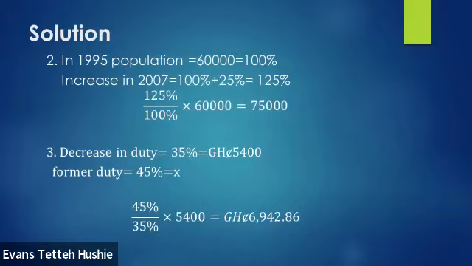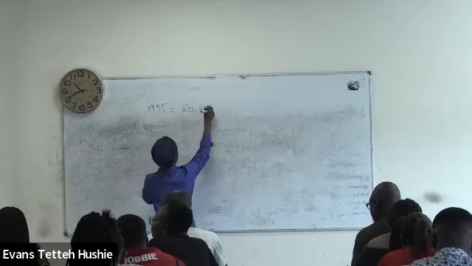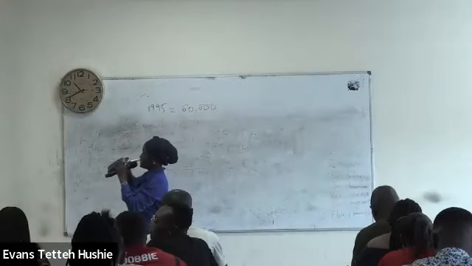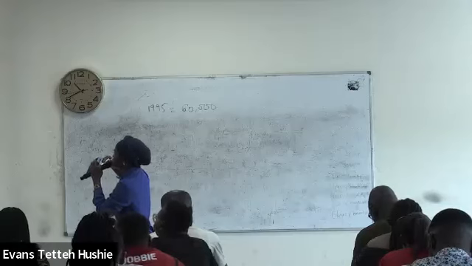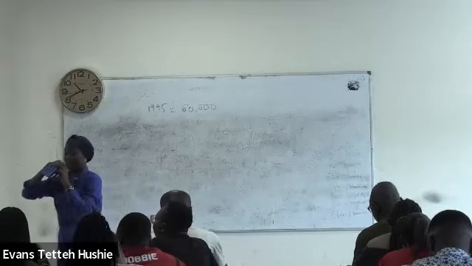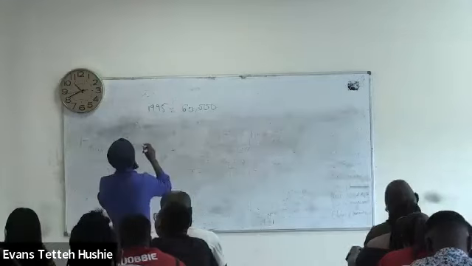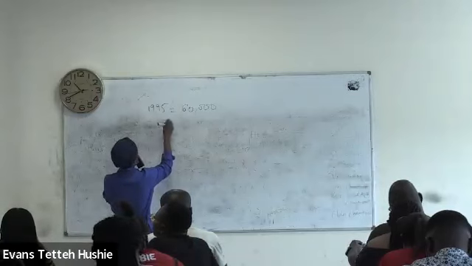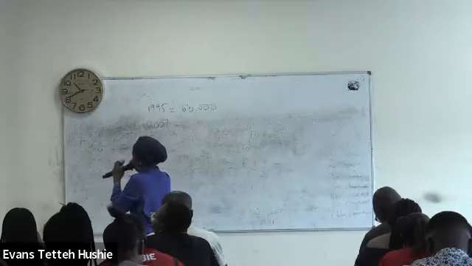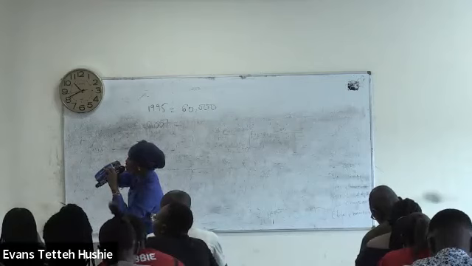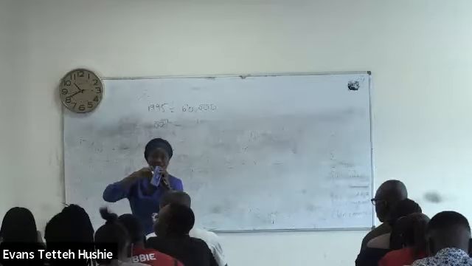So, in 95, the population was what? 60,000, isn't it? And then in 2007, there was an increase of 25%, isn't it?